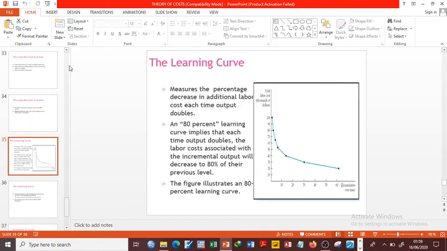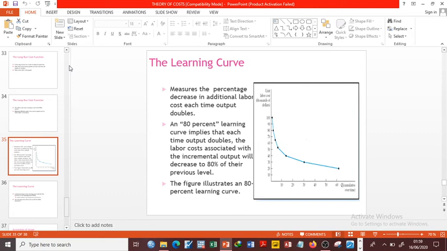Now, the learning curve. What do we mean by the learning curve? The learning curve shows us by what percentage additional labor will decrease, by what percentage additional input will reduce when output is increased. When output is, for example, doubled, by what percentage will labor reduce?